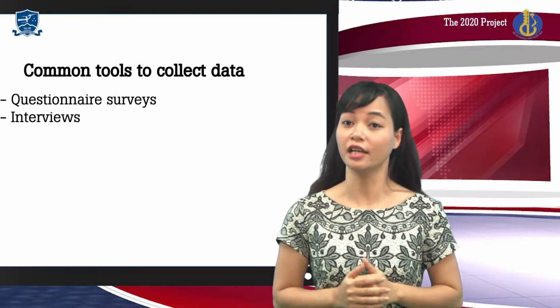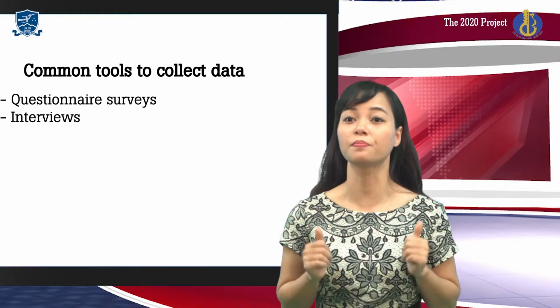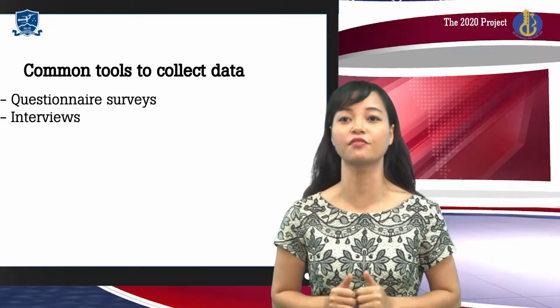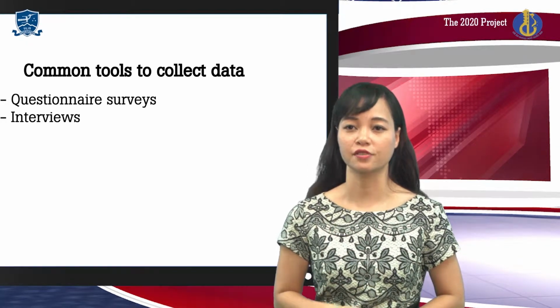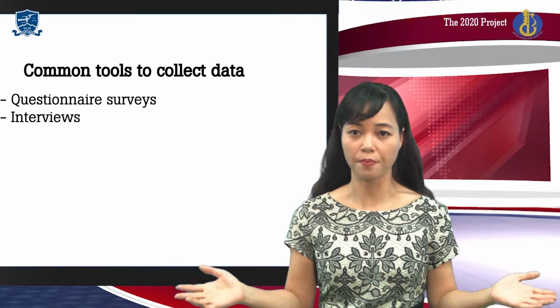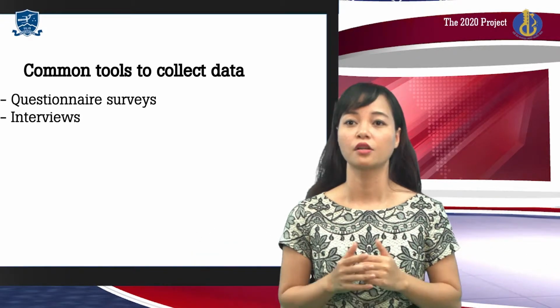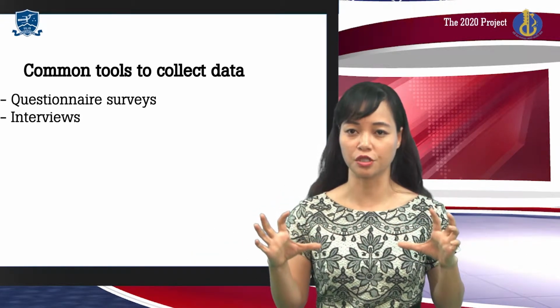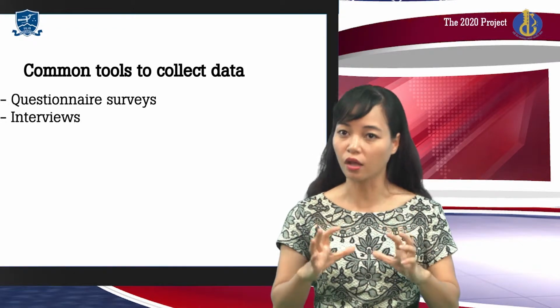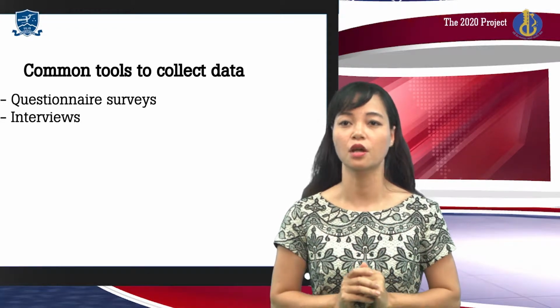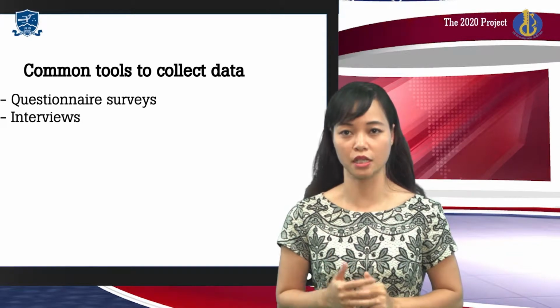Questionnaire surveys and interviews are probably the two most common tools to collect data for such a course. Very often, a questionnaire survey is first carried out with a large number of research participants to grasp an overview of issues being studied, and then interviews are conducted with a smaller number of these research participants to dig deeply into those issues.